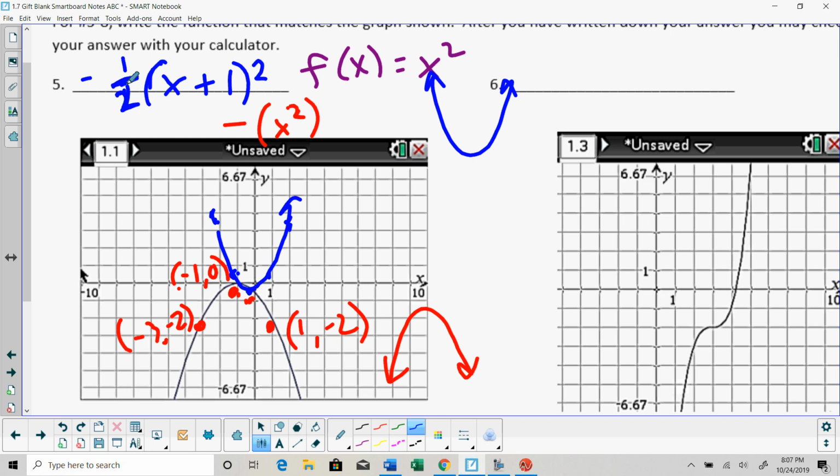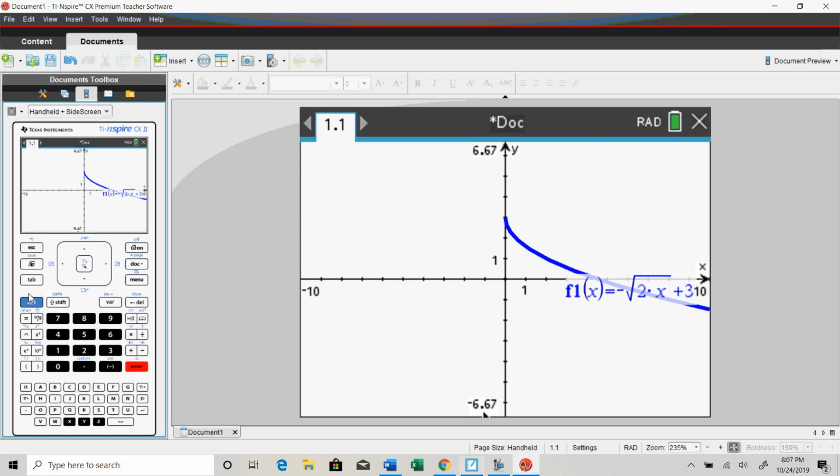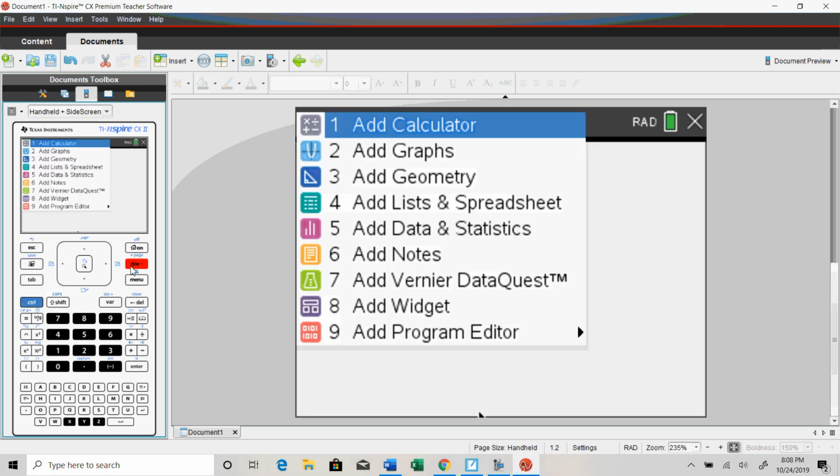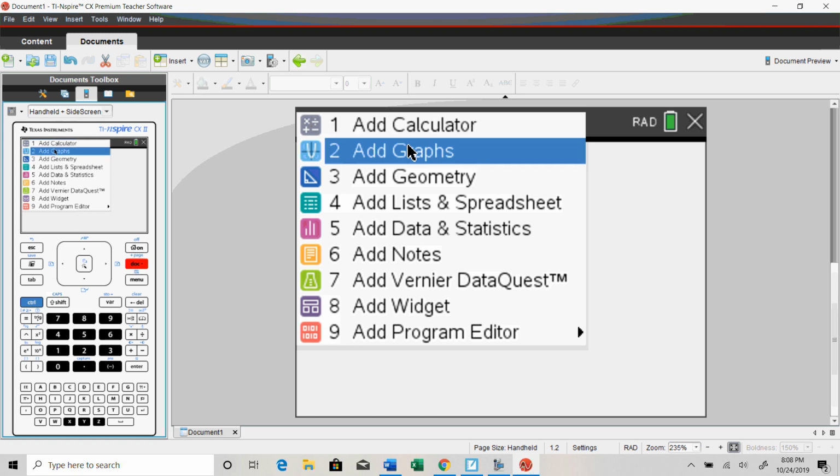And I think we should test this. All right, so we're going to go to our calculator, and I am going to try to get this graph to look like this, and not only look like this, but go through (-1, 0), (1, -2), and (-3, -2). So testing this out, I want to add a page to my document, and I'll call this 1.7 homework, something like that.